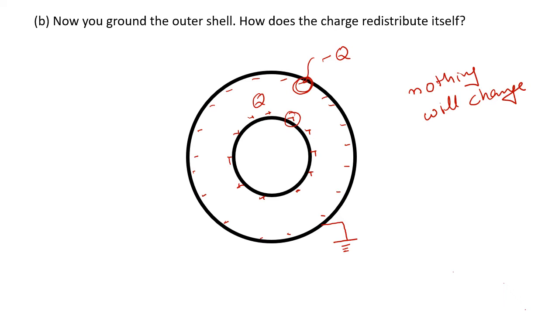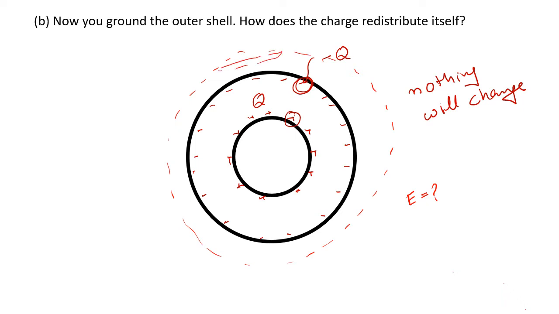You can also see it from the potential point of view. Before we did the ground, what is the electric field outside? Well, you can easily make a Gaussian surface. Everything is symmetrically distributed.